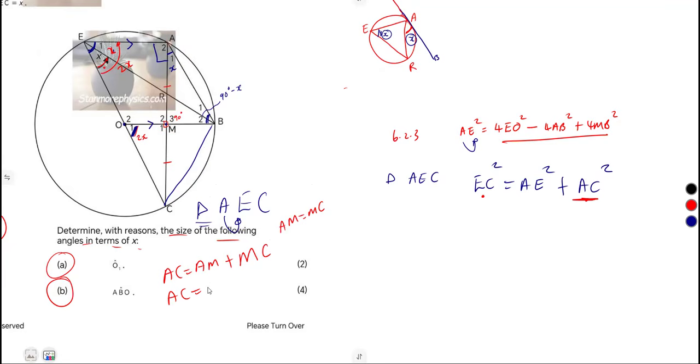So AC is equal to 2AM or 2MC. Why are we talking about AC? Because we do not have AC, so we must find something equal to that. And what is equal to AC? It is 2MC. That is what we have from this consideration.